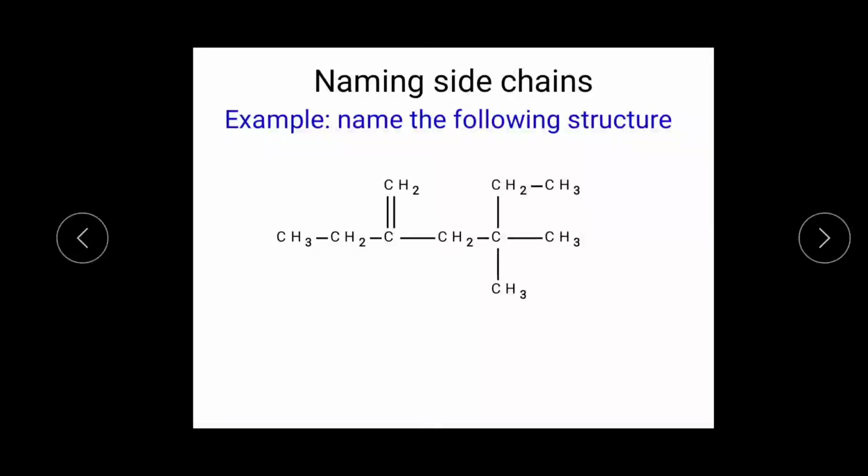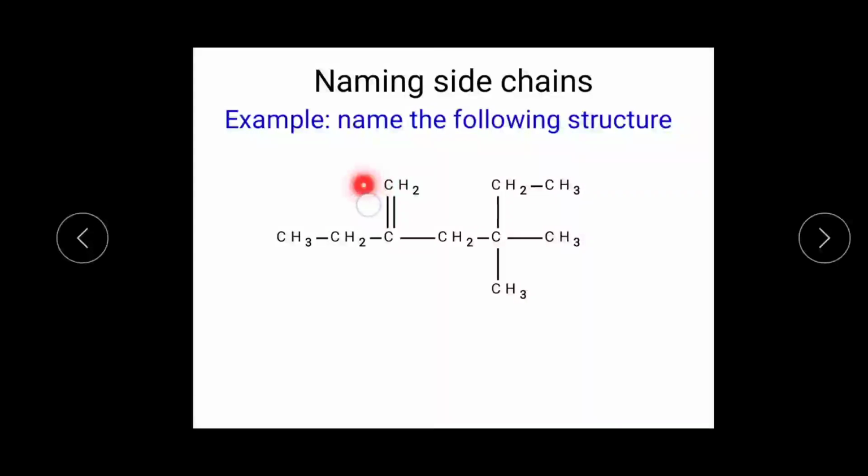We will not begin here or even here. I know some of you might think that the longest chain is this one: 1, 2, 3, 4, 5, 6, 7. But take note, you have to begin the counting if there is a double bond. Okay? You must include the double bond in the longest chain.